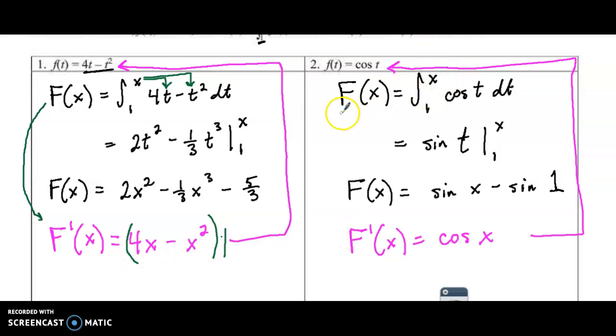Same thing with this. If I wanted to go straight from f to this problem, I can just plug x in for t, because remember, the derivative and the antiderivative will cancel each other out. And if you applied the chain rule, the derivative of x is 1. Well, multiplying by 1 is not going to change the value of that.